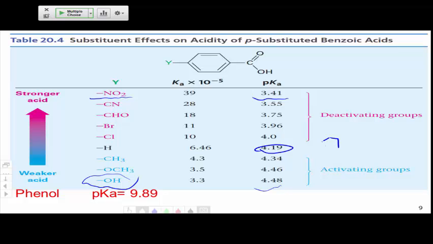If I just have benzoic acid by itself, it's in acidity between those with an activating group and those with a withdrawing or deactivating group. So if I ask you to rank them, benzoic acid is in between the two.